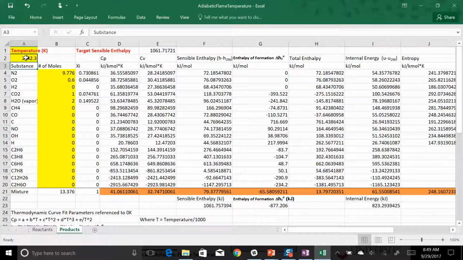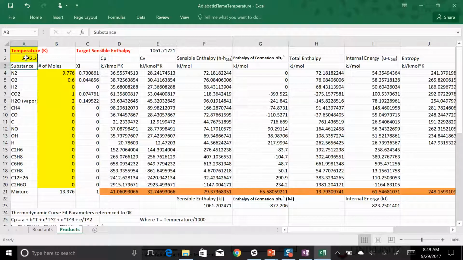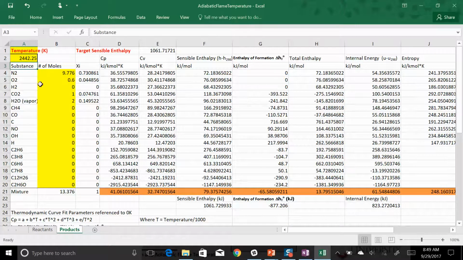2442.3. All right, now we're right about on it, down to the third significant digit, or at least that. So we've got 161.70, so it's somewhere around 2442.25. Looks to be pretty close.